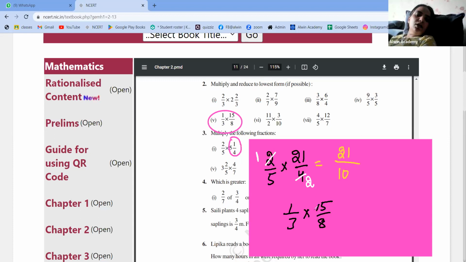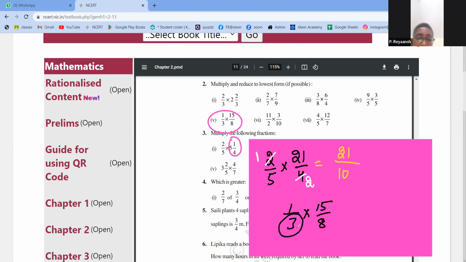Ma'am, 3. Okay. What is the common factor here in 3 and 15? 5. Ma'am, 3. You're saying 5 is 3 on the table of 5, beta? No, ma'am. So then both come in which common table?